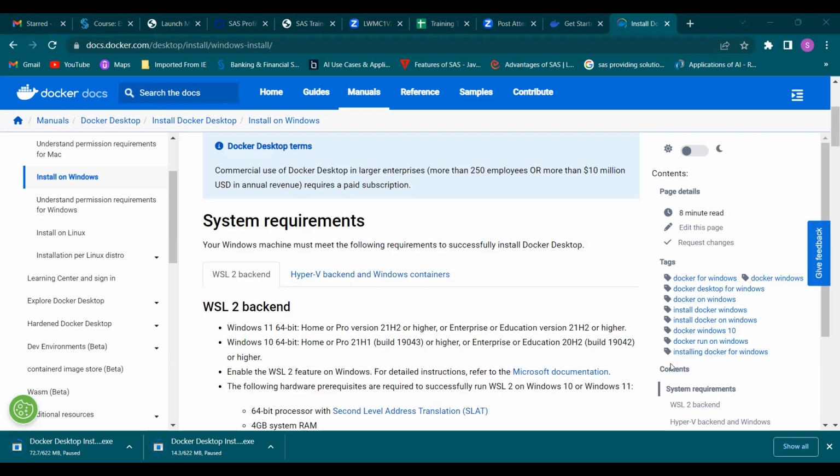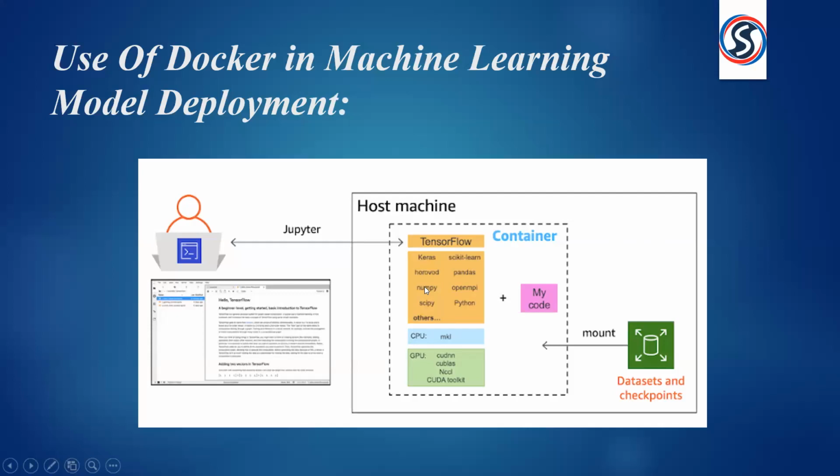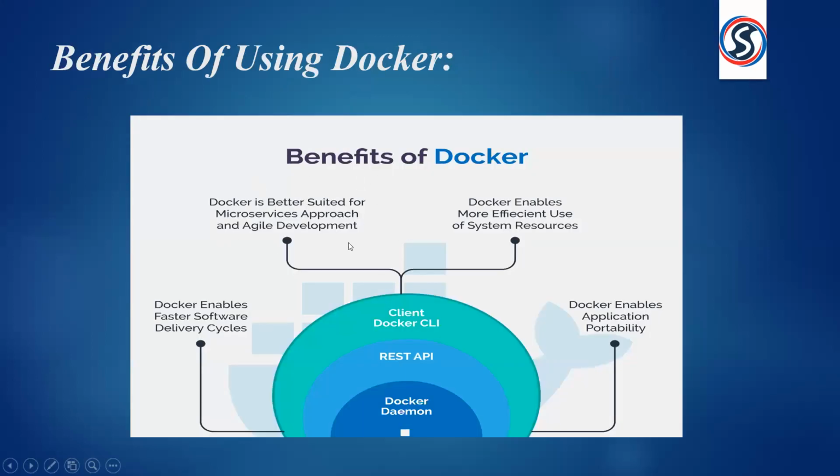So this is the complete information about Docker that I have provided you. If we talk about the benefits, Docker is better suited for the microservices approach and agile development.